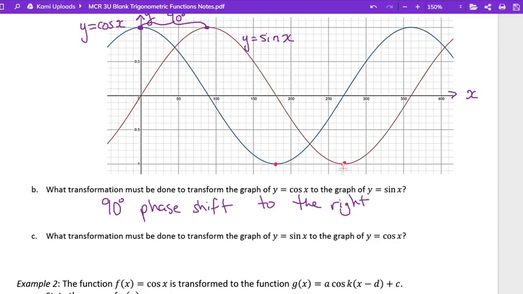And this one wants to shift over there. How much is that? It's definitely 90. So it's a 90-degree phase shift to the left.